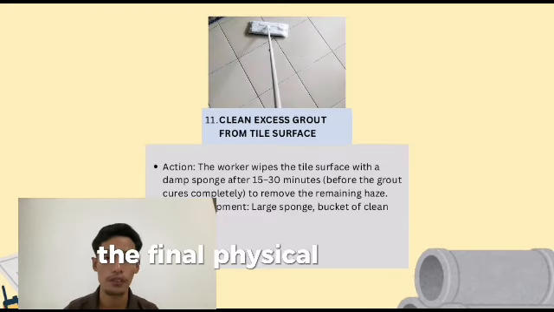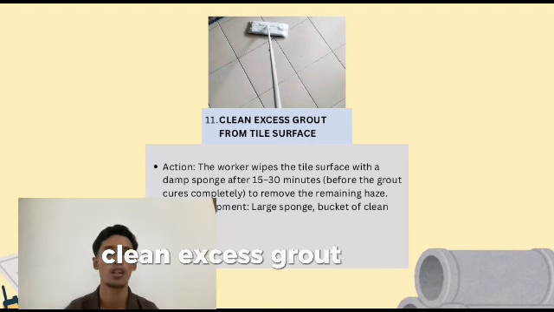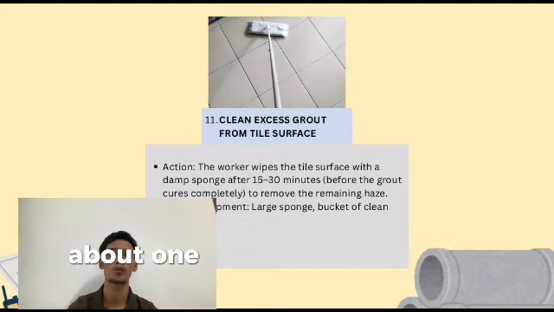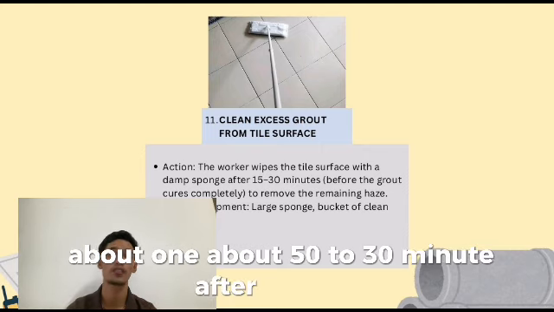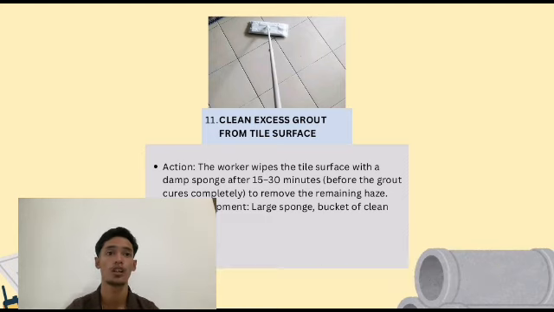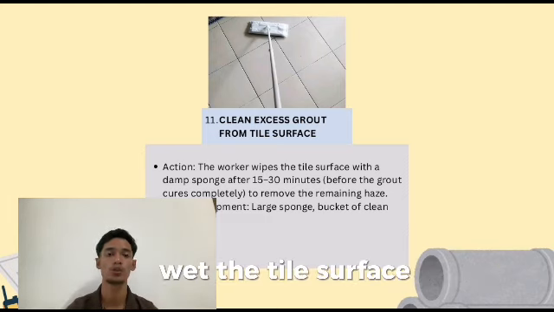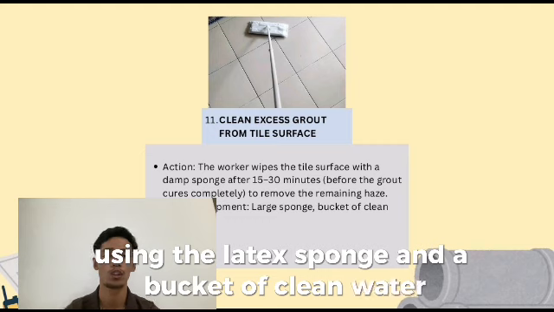The final physical step in the process is step 11. Clean excess grout from the tile surface. About 20 to 30 minutes after grouting, before the grout is completely cured, wet the tile surface using a sponge and a bucket of clean water.